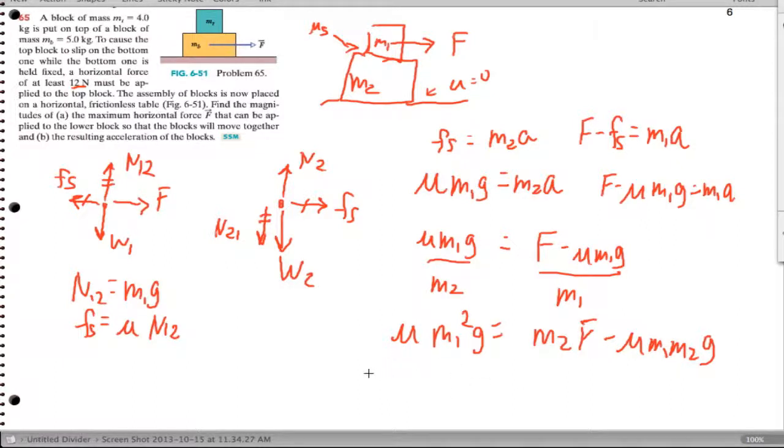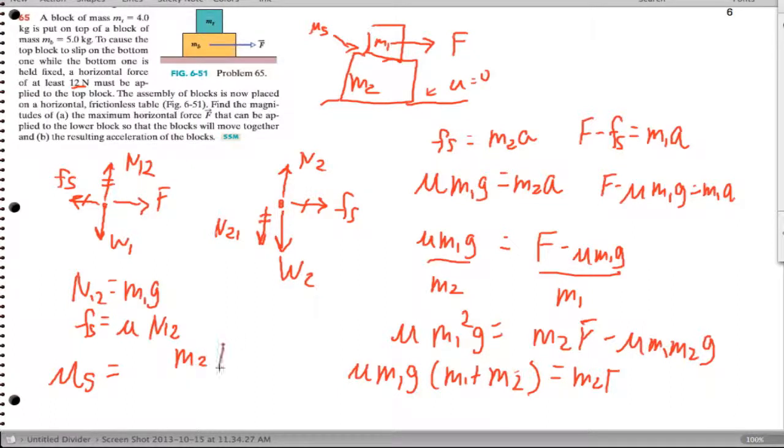All of this is just to get mu, so I'm going to end up getting mu m1g times (m1 plus m2) equals m2F. And when I finally solve, I'm going to get that my coefficient of friction is going to end up being m2 times F over m1 times (m1 plus m2) times g.